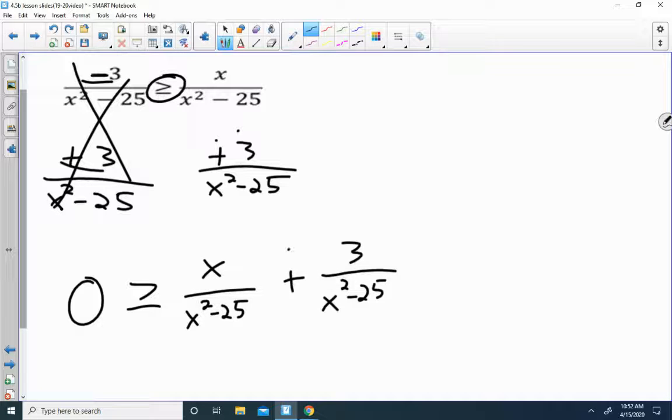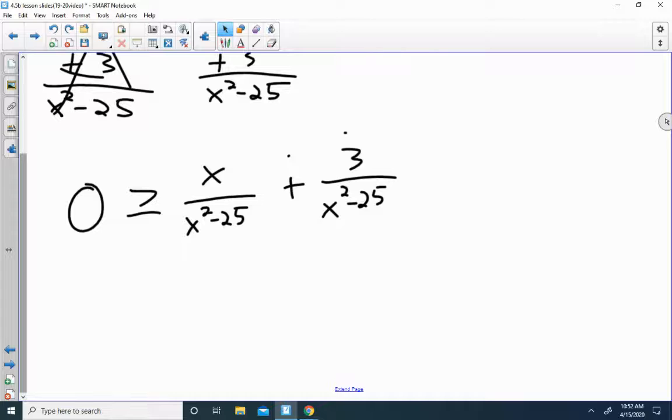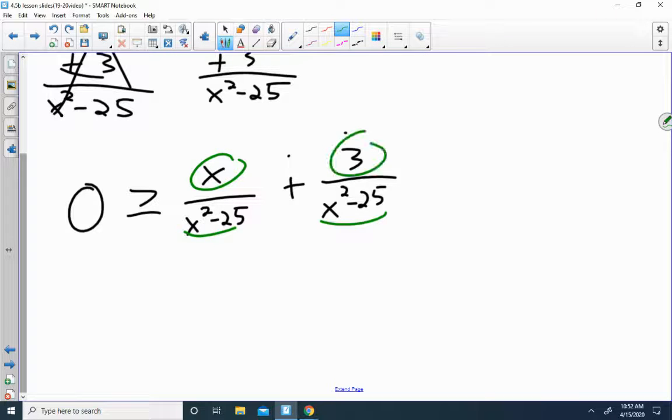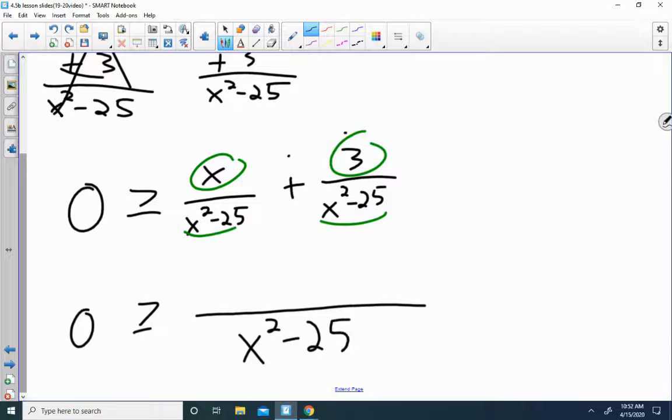And lucky for us, we have common denominators, which means we just have to combine the tops. So let's go ahead and do that. We'll still have the same denominator of x squared minus 25. We're just going to do x plus 3. Again, not like terms, so you can just write x plus 3.